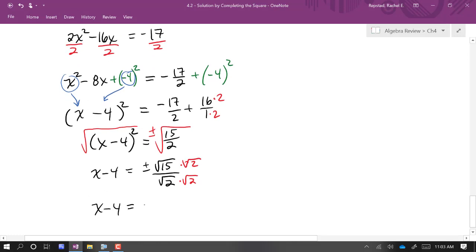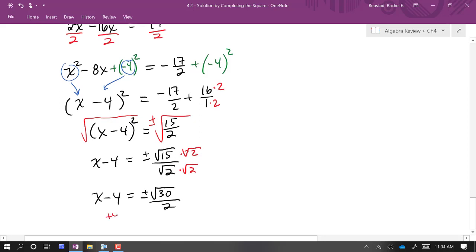So x minus 4 is plus or minus the square root of 30 over 2. And then if we add 4 to both sides, we get x is equal to 4 plus or minus the square root of 30 over 2.